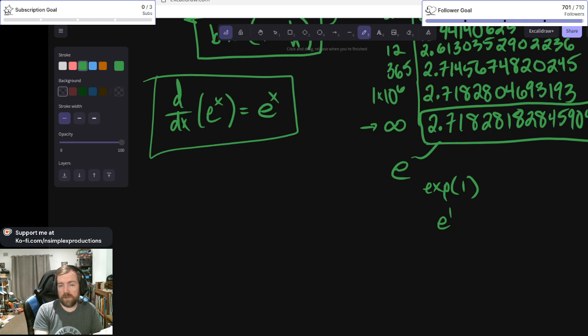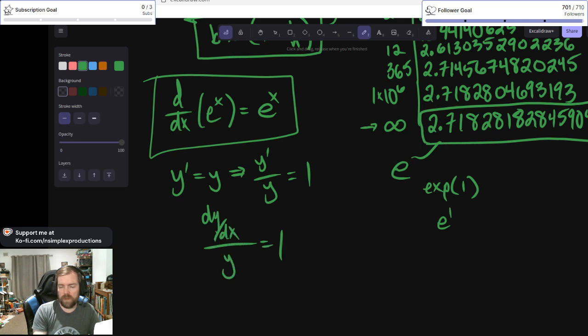This also does allow us to write cool things like the differential equation that we had. y prime is equal to y is going to imply that y prime over y is equal to 1. And then we can also end up saying, oh, well, this is dy/dx over y is equal to 1.